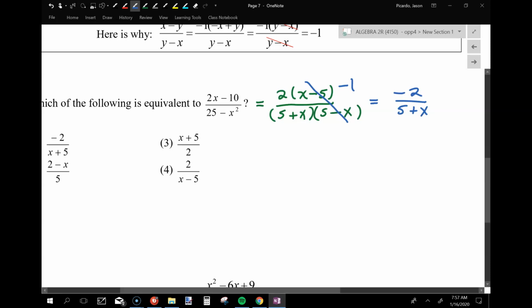Is there a choice that says negative 2 over 5 plus x? No, but there's a choice that says negative 2 over x plus 5. And isn't 5 plus x exactly the same as x plus 5? Yeah, with addition, the order doesn't matter, does it? With subtraction, it does. Okay? So choice 1.